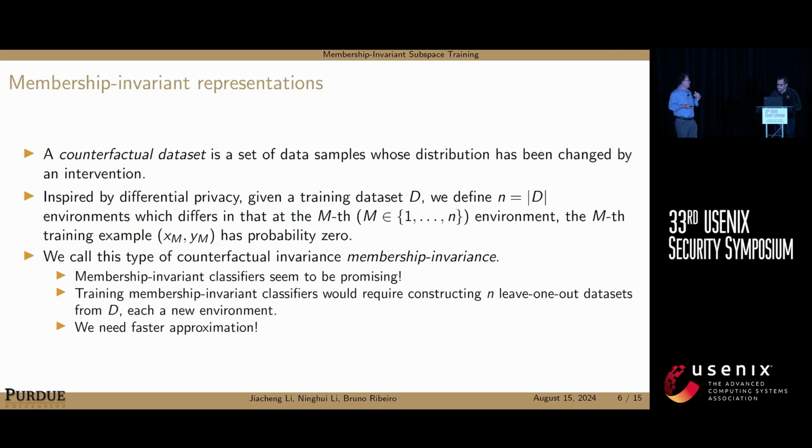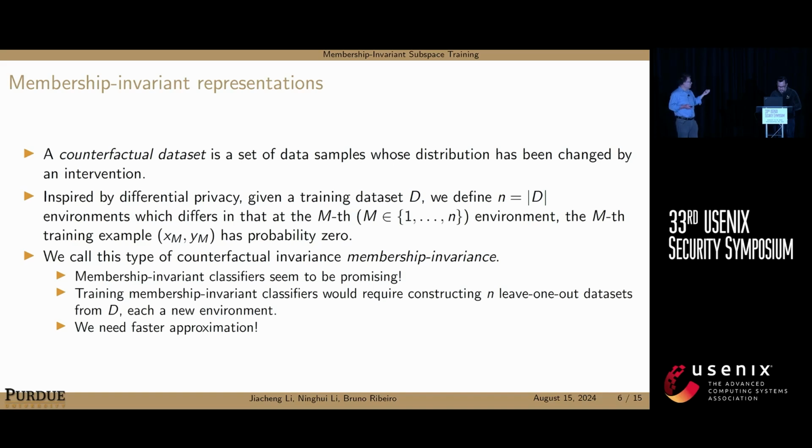Then we tried to see whether we can improve further. The idea we came up with is: can we simulate differential privacy? There's this concept called a counterfactual data set, which is a real data set except you change it somehow. In this particular case, the counterfactual data set we consider is essentially removing one data point.